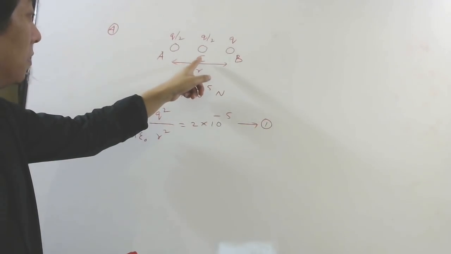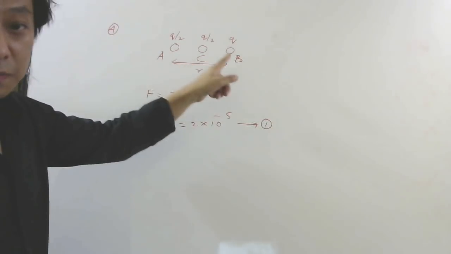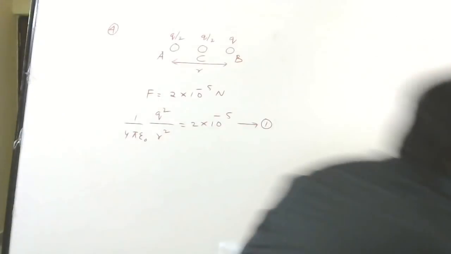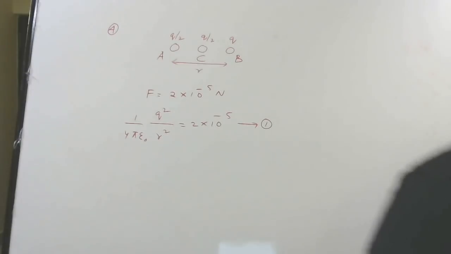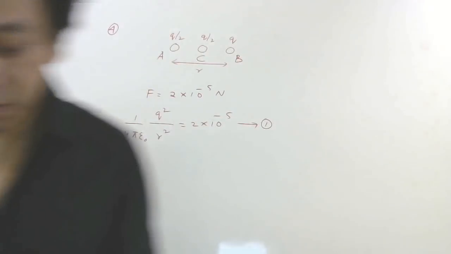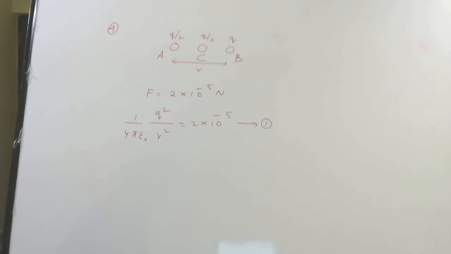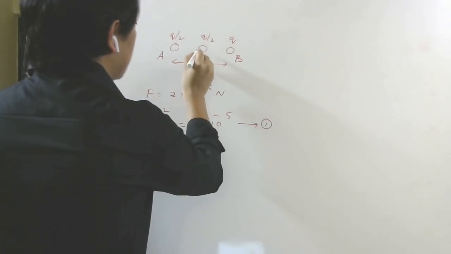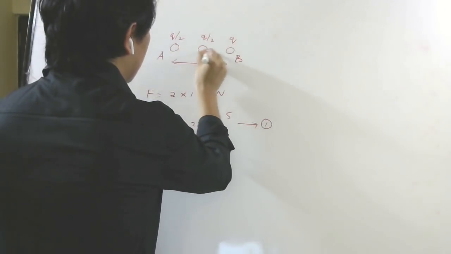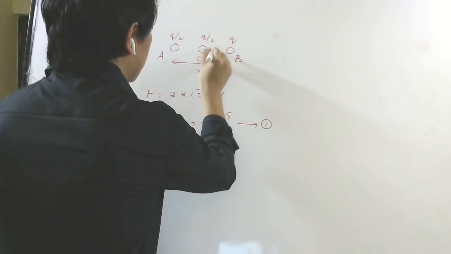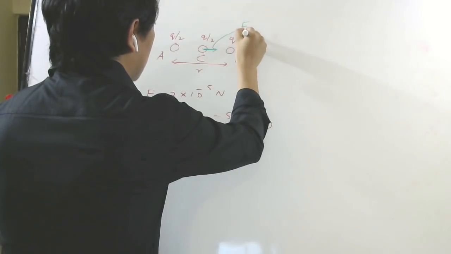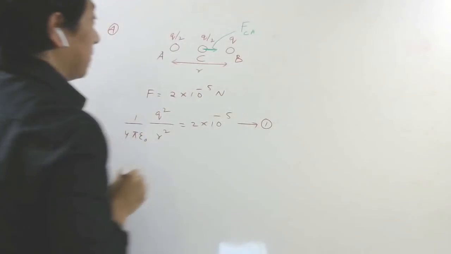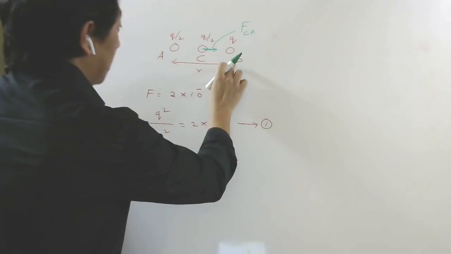C will feel force from A also and from B also. So we need to use superposition principle. Okay. So this is also plus plus plus, right? So C will be repelled by A. So this force is on C by A. And C will be repelled by B also.